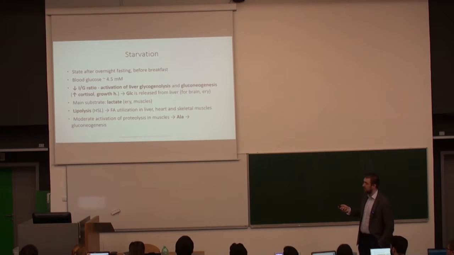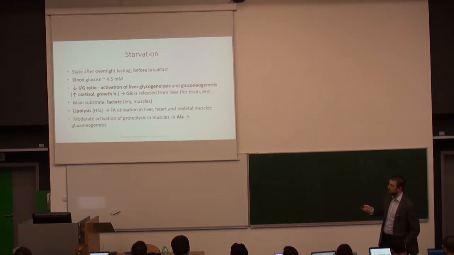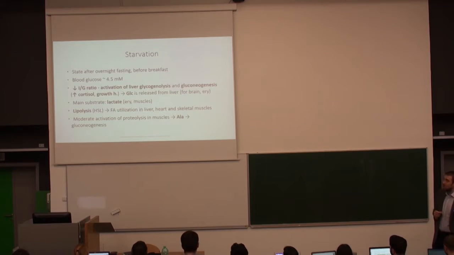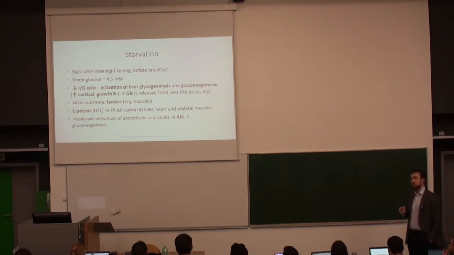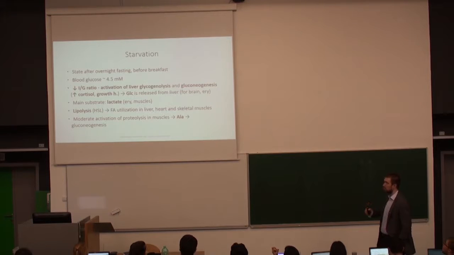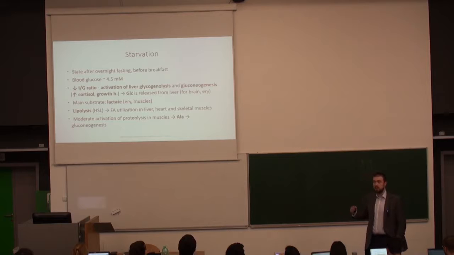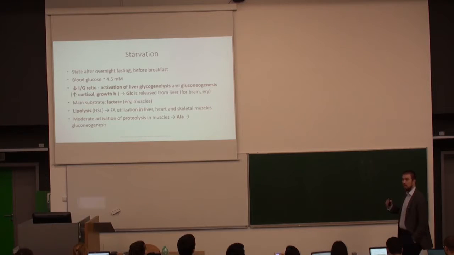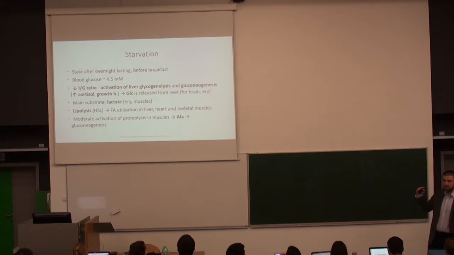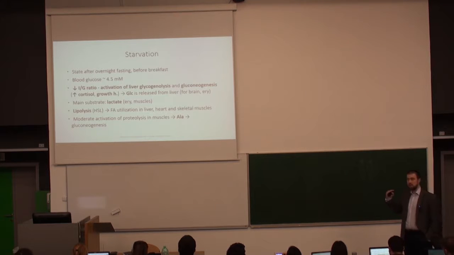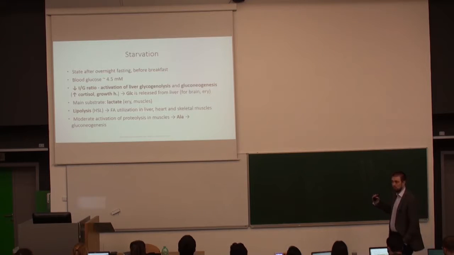And the hormone that stands behind this is cortisol plus the decrease of the insulin-glucagon ratio. The result is that your liver starts to release glucose to your bloodstream. That means they activate their glucostatic function in favor of increasing the blood glucose level. And that means that they do not consume the glucose.